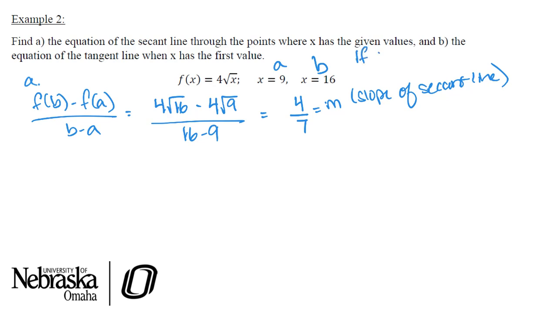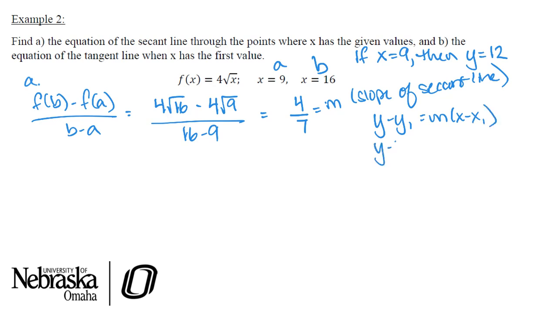So if x is equal to 9, then plug that into the function, and we get y is equal to 12. Okay, so we have an x value, we have a y value, we have a slope. We can use our point slope form of our equation to find the equation of the secant line.